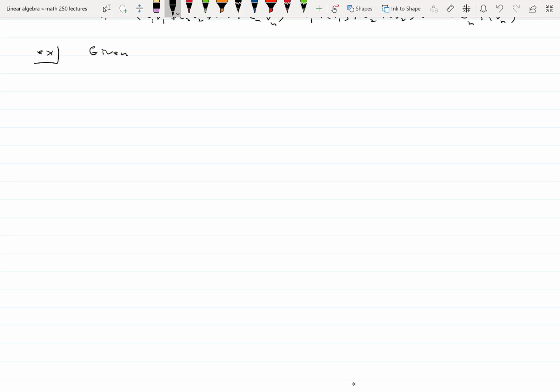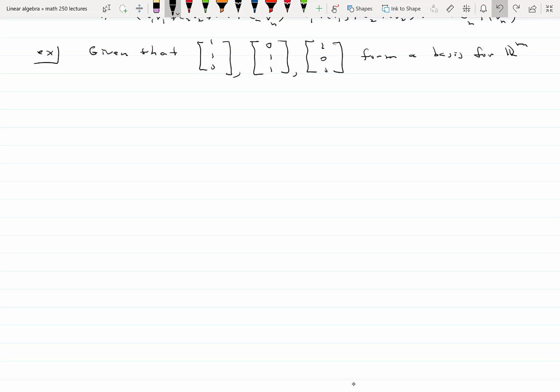Given that these three vectors, (1, 1, 0), (0, 1, 1), and (1, 0, 1), form a basis for R3. Oops, RM is R3. So what does that mean? Just this first statement: given that these three vectors from R3 form a basis for R3.